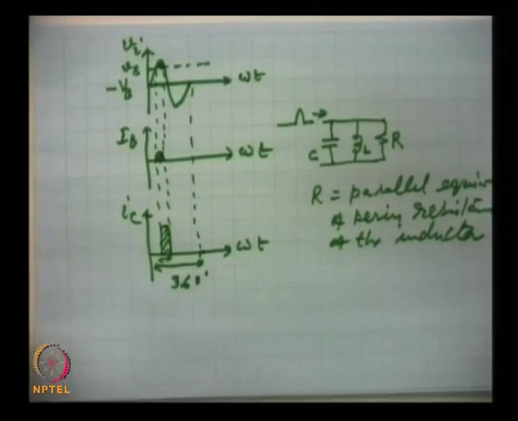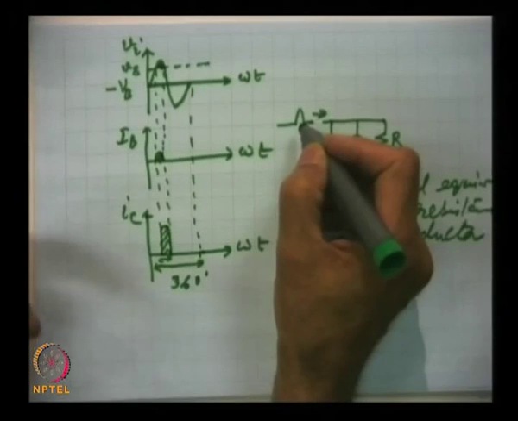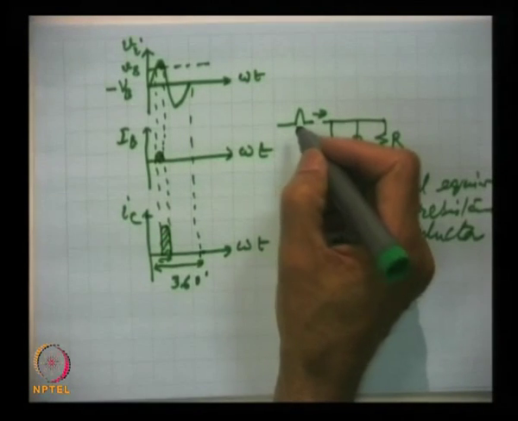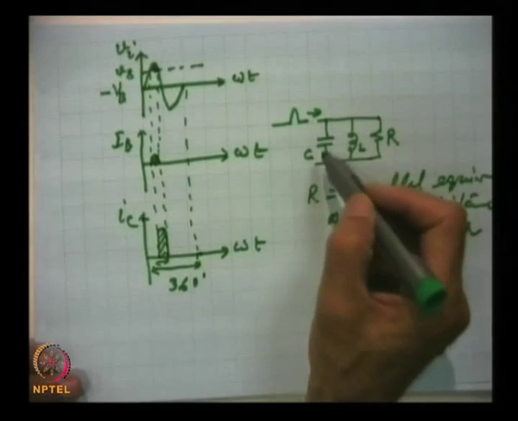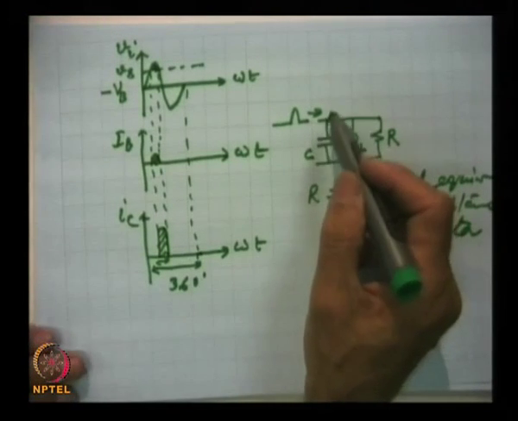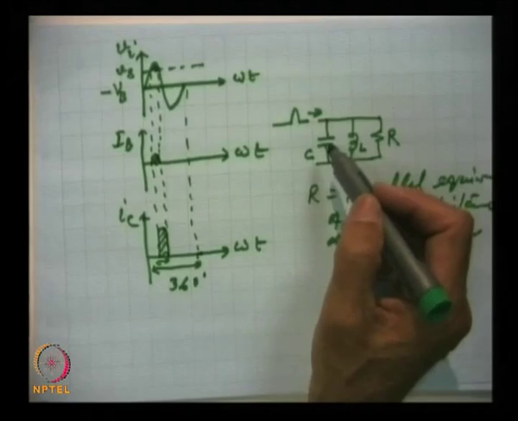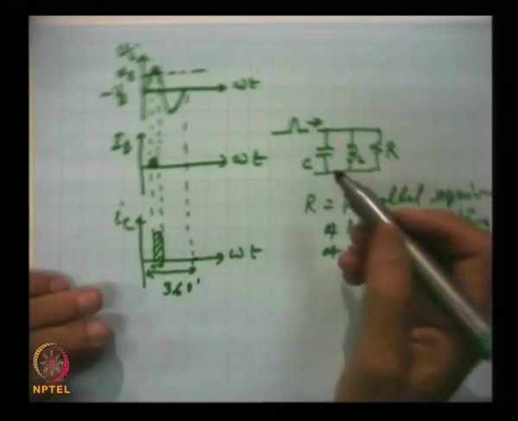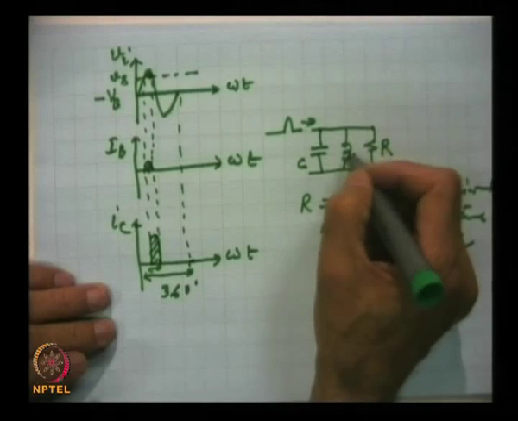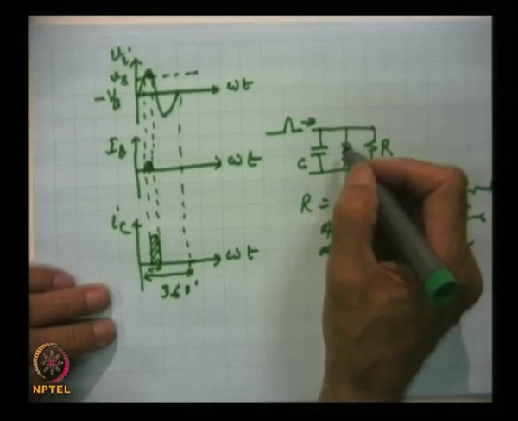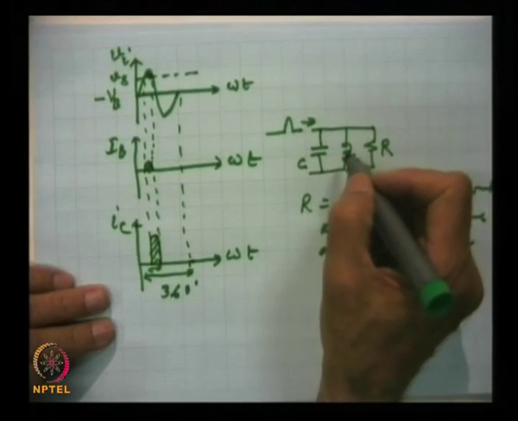A short current pulse is like a high frequency signal, because the inverse of this time is the frequency. So, shorter is the pulse, higher is the frequency. So, for that the capacitor will act as a short circuit, and the current will flow through the capacitor, and the inductor will appear as a large impedance.